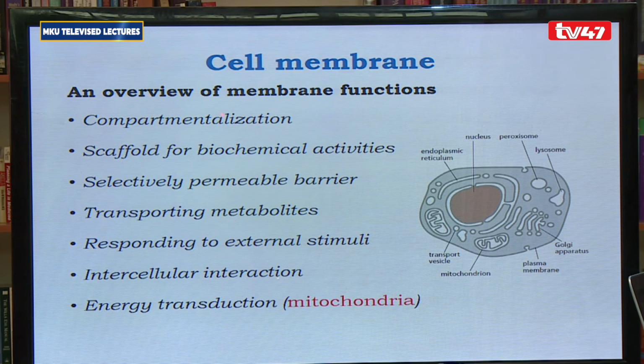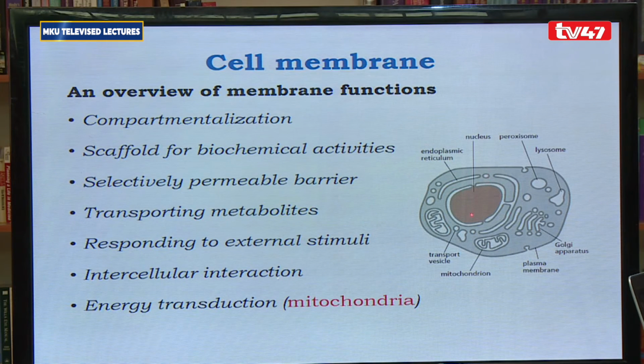First of all, they provide compartmentalization, meaning membranes are able to create compartments so that the cell can perform different functions within different organelles. As you can see, the lysosome there is packaged on its own, the peroxisome is packaged on its own, the nucleus is packaged on its own.